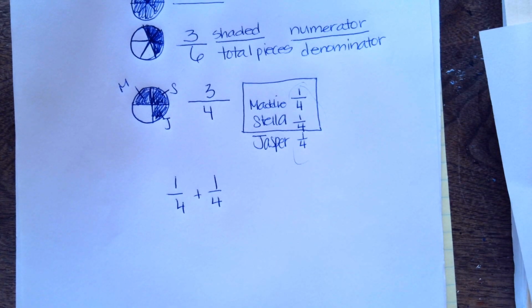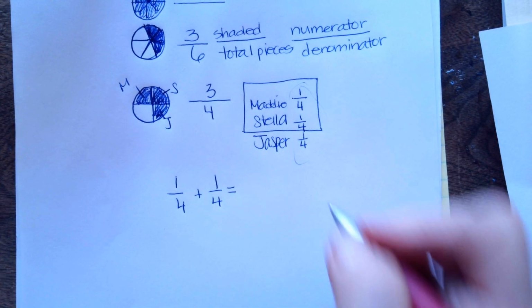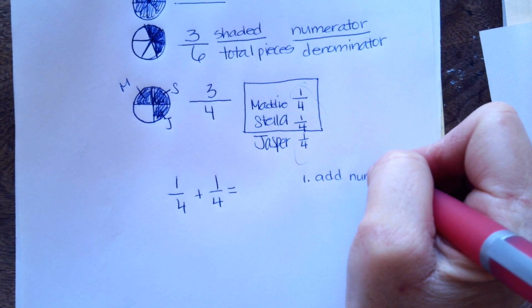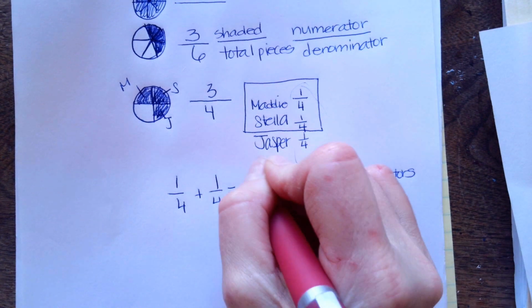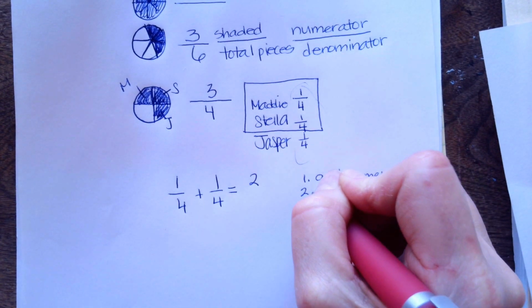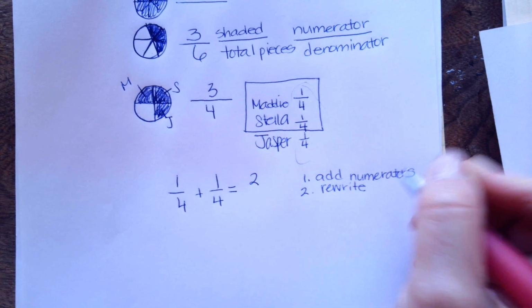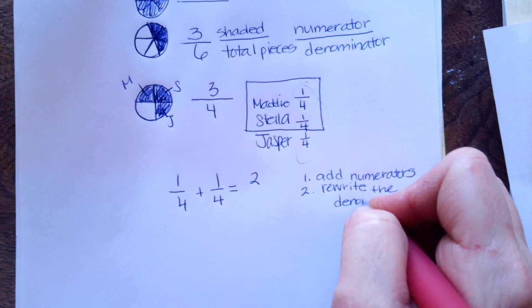If they do something like that, what we're going to do is add the numerators together. That's our first step. And the numerators are the top numbers. So 1 plus 1 is 2. And then the second step is just to rewrite the denominator. We're not going to add those up. We're just going to write whatever the denominator is.